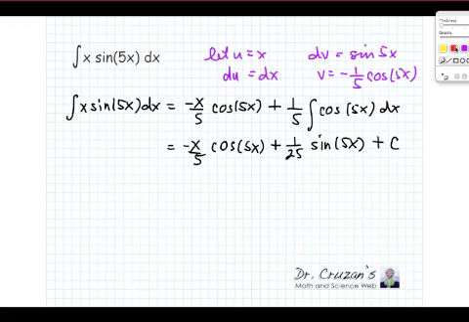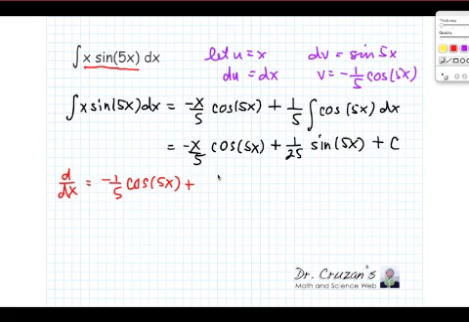And that's it. You could check this out, and we probably should do that just to make sure that we arrive at this integrand. We can just take the derivative of this. So I just take the derivative, I'll make a shorthand here, d/dx is equal to, well, we need the product rule here, so this is, take the derivative of this is minus 1/5 cosine of 5x.